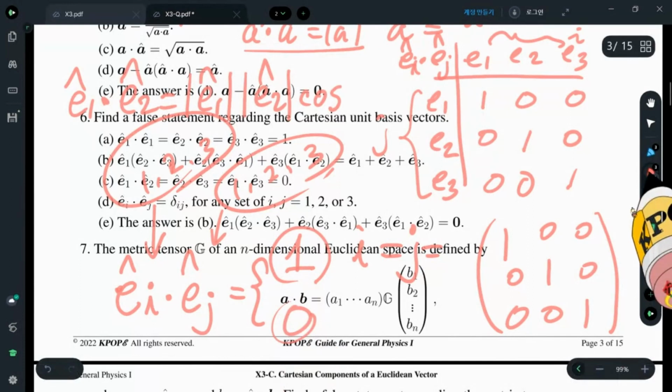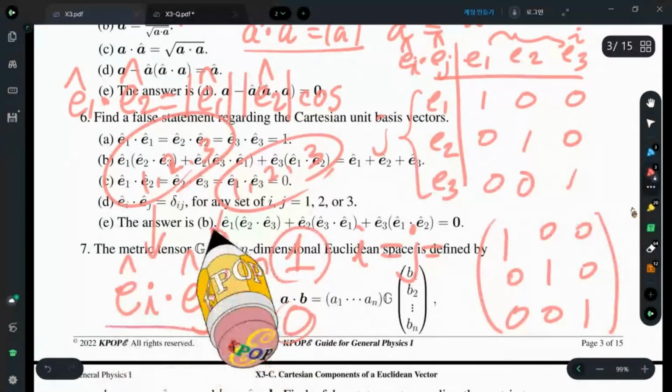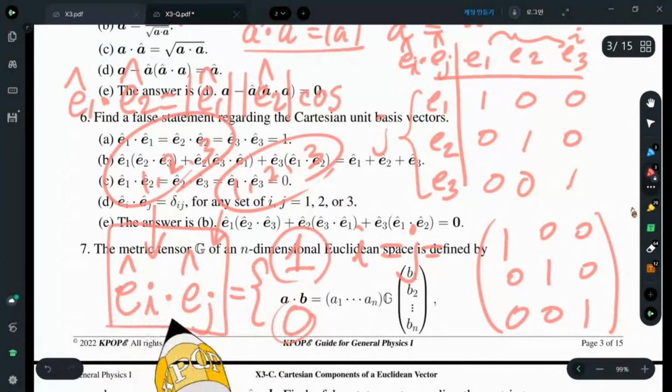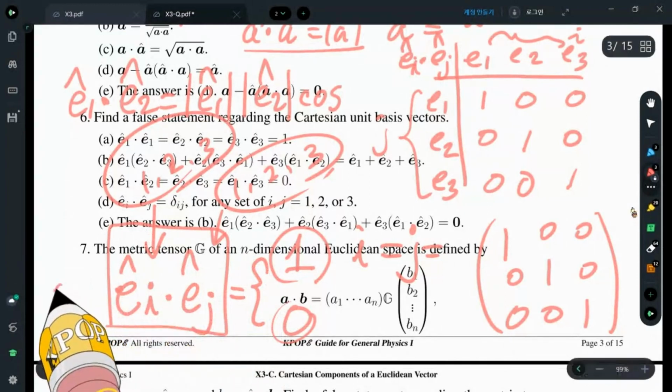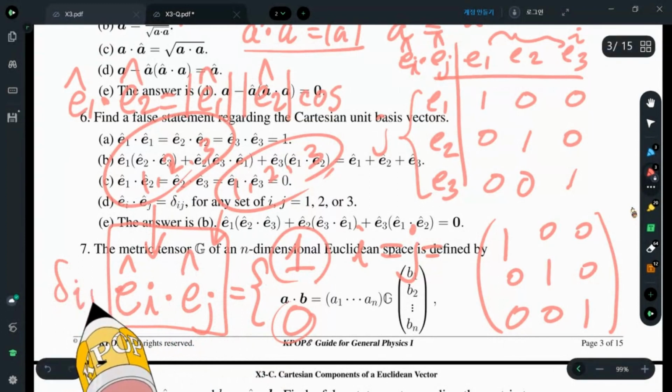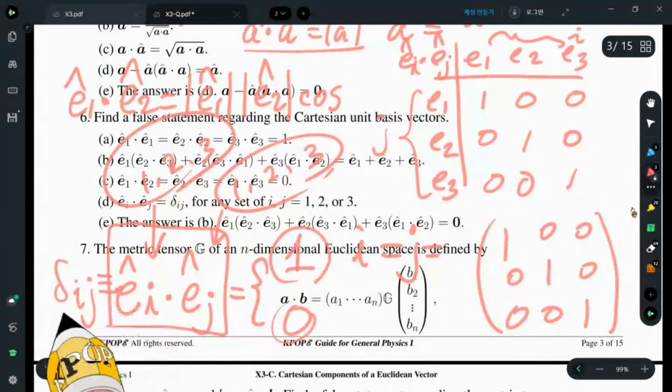Okay, so we write this one, the scalar product of any two Cartesian basis vectors. We just define this delta ij. This is just a definition, just the name of this one.